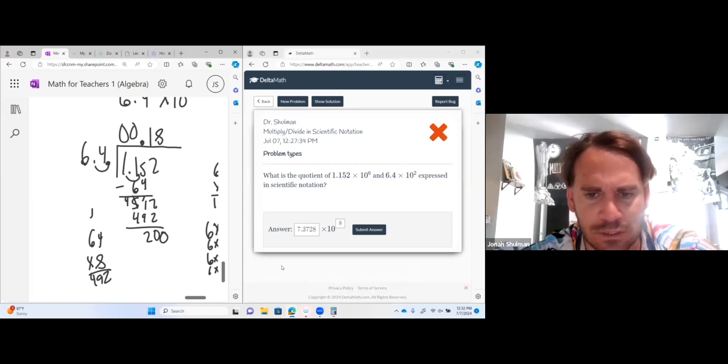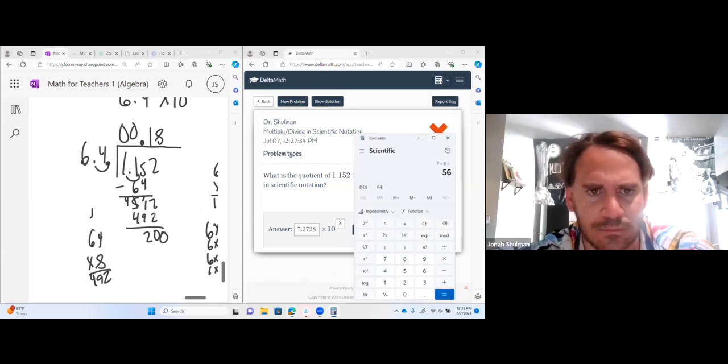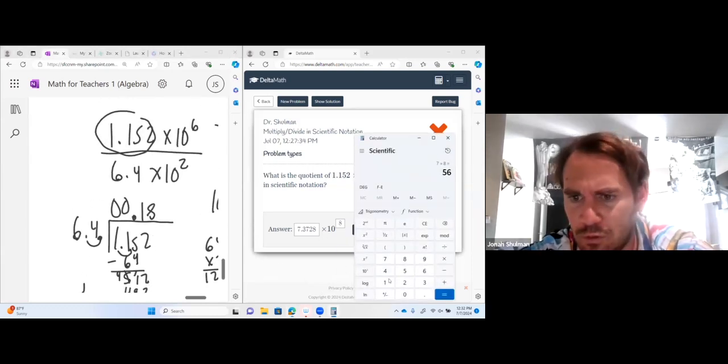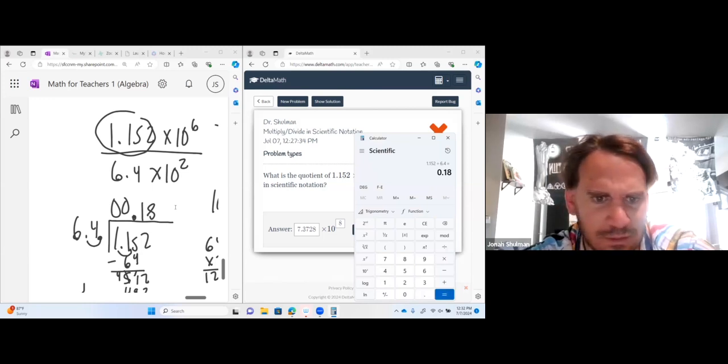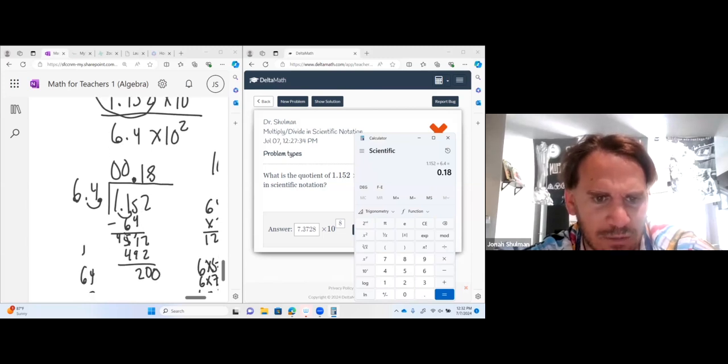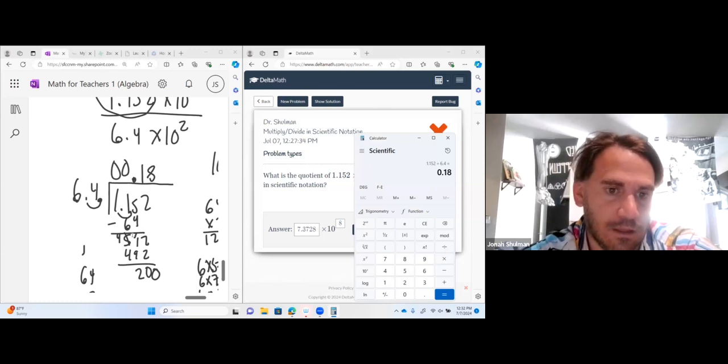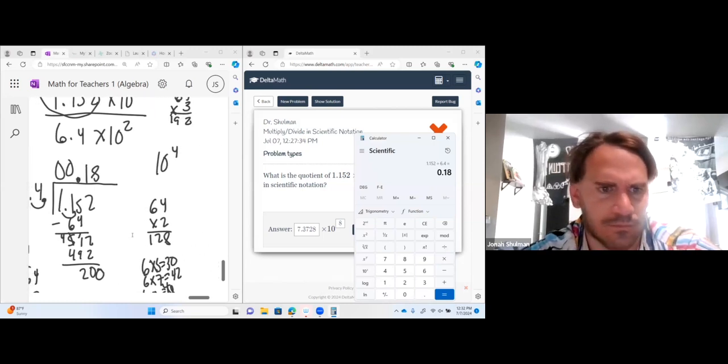Let's see what it really is. The first part, 1.152 divided by 6.4, it's just 0.18. That's what I had. How come it didn't work out? Oh, I guess when I multiplied, I messed up. That's annoying.